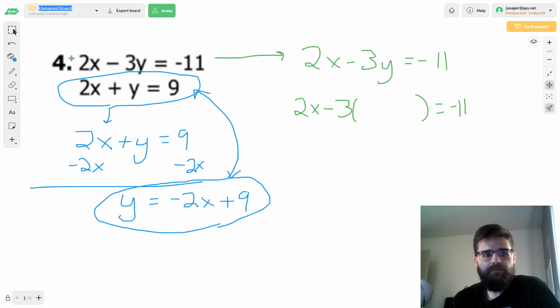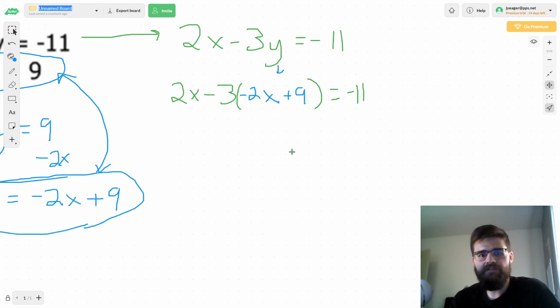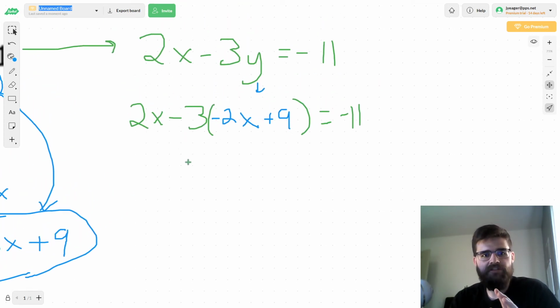So I know that y is the same thing as negative 2x plus 9. You notice I dropped out the y, and I'm going to substitute it with something that's the same thing. So our substitute for y is negative 2x plus 9. Now we have an equation that's a little ugly, but we should be able to solve it. We have a single variable, just my x, and we can figure out where to go from there.